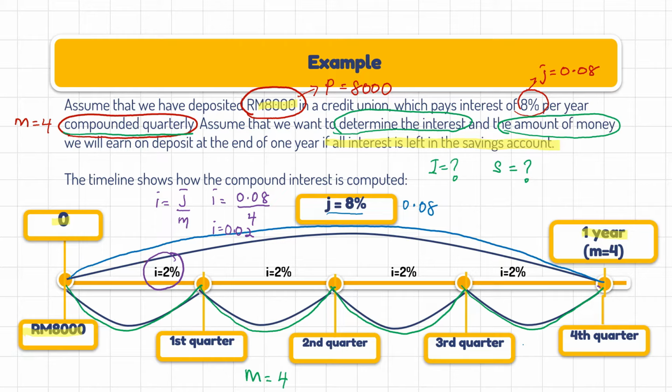The first time, it will give you 2% from the principal, and then it will be reinvested in order to calculate the next quarter, and it will be continued until the fourth quarter. As a conclusion, the blue loop is the nominal rate, whereas the green loop here is the interest rate I.